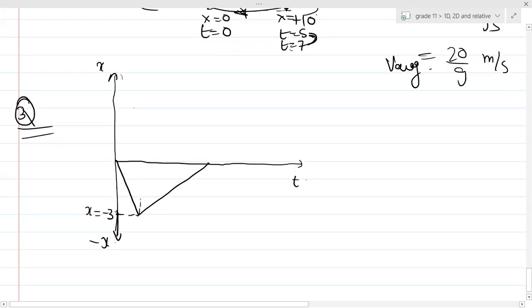Let's say for how many seconds did it walk? For 2, 3, 4, 5, 6, and 7.